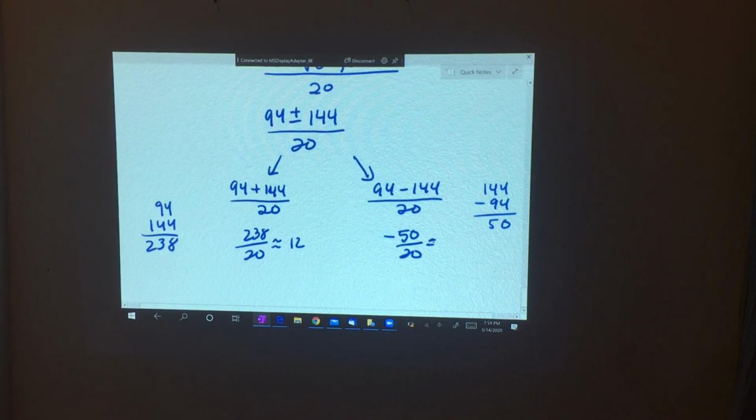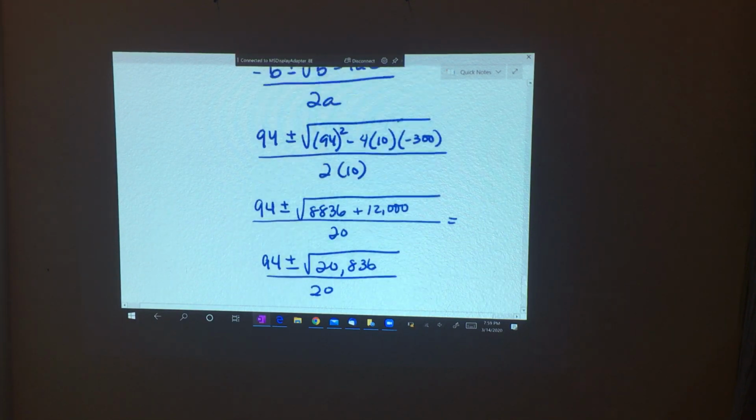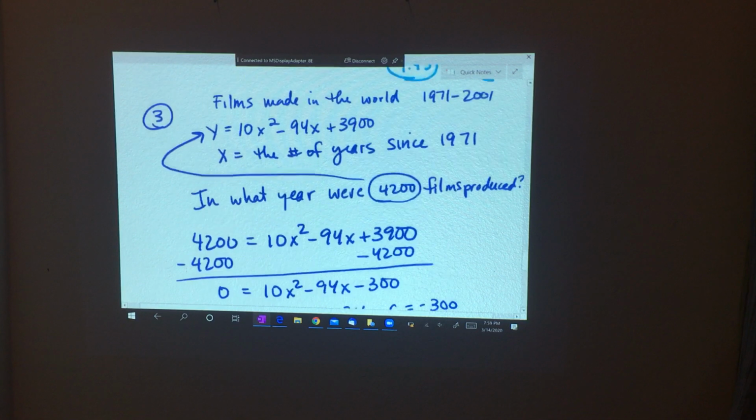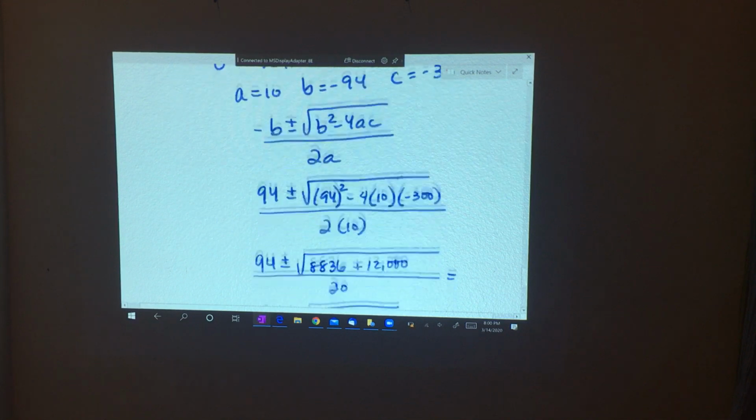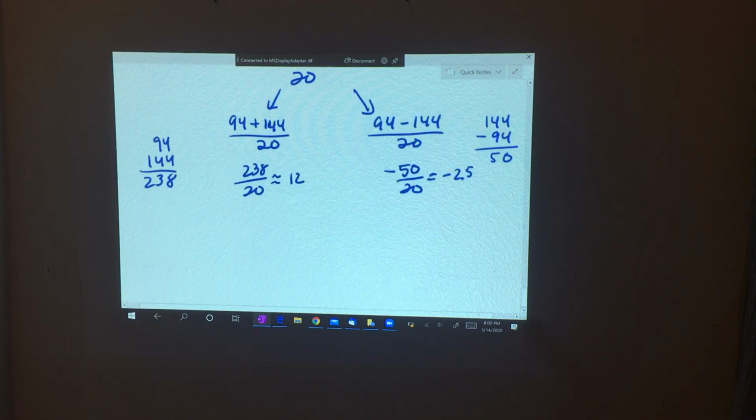This is actually negative 2.5. But the question is, can I have a negative amount of years? Remember, going back up here, x is what? X is the number of years since 1971. Can I have negative years? No. So that won't work. So my answer is 12 years is X.